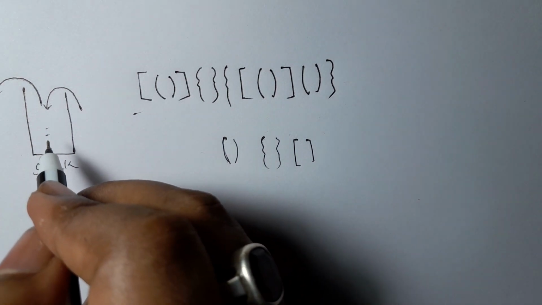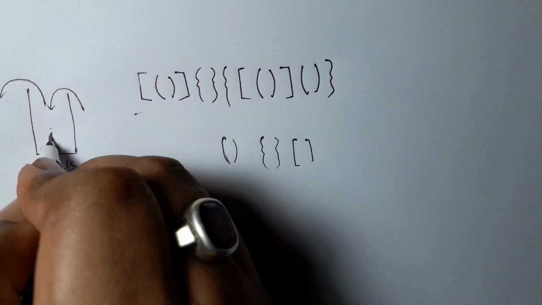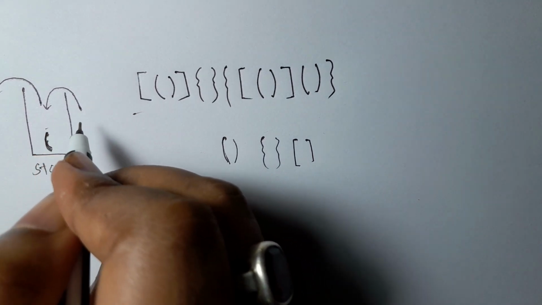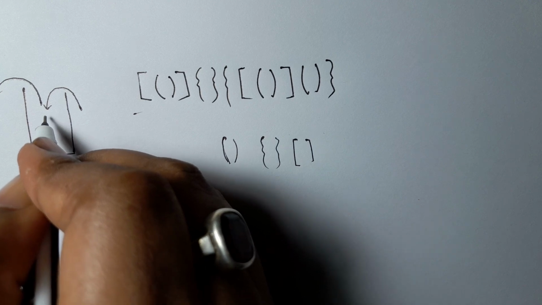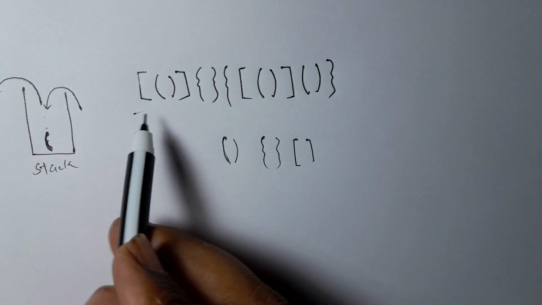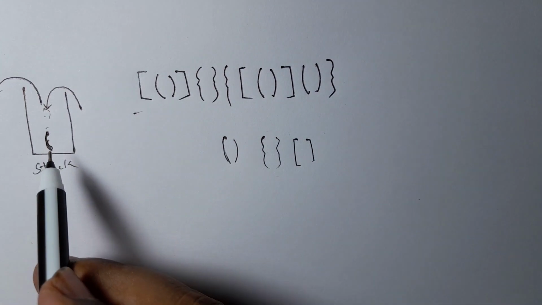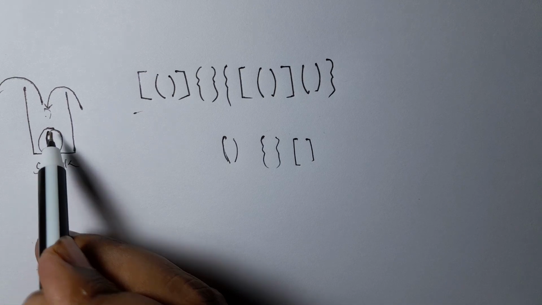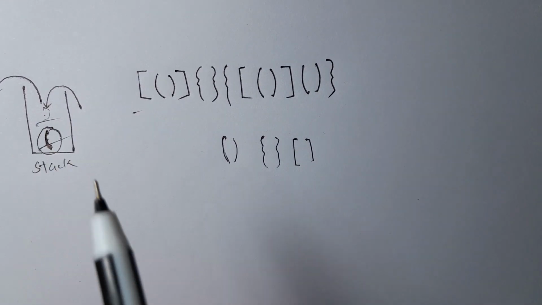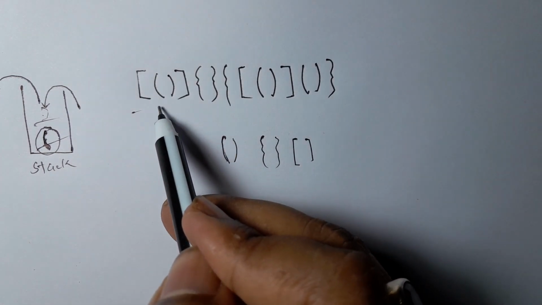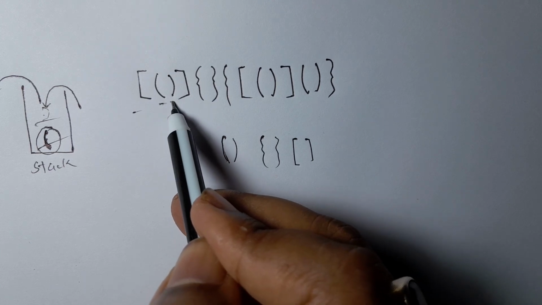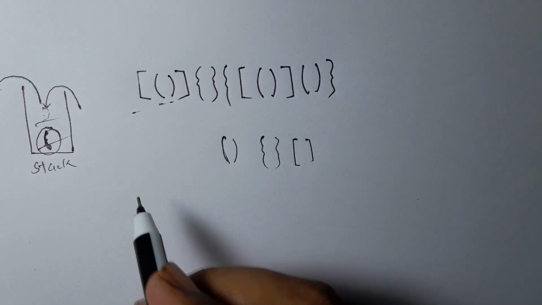So why am I telling this? Say I have a first bracket and I get somewhere a closing first bracket. When we get the closing first bracket, we see that there is an opening first bracket, so we can nullify it because this part is balanced. Like that, see here, first bracket opened and first bracket closed. So what logic can we use?